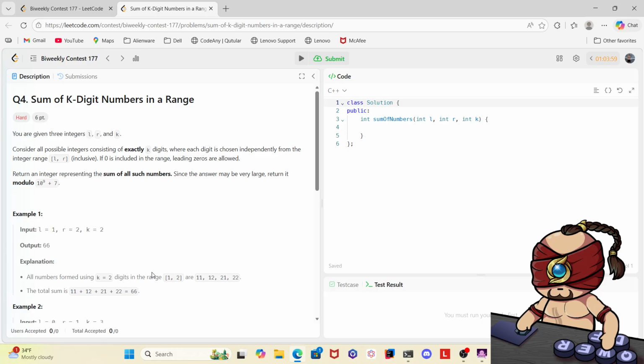Consider all possible exactly k-digits. It's weird. What?